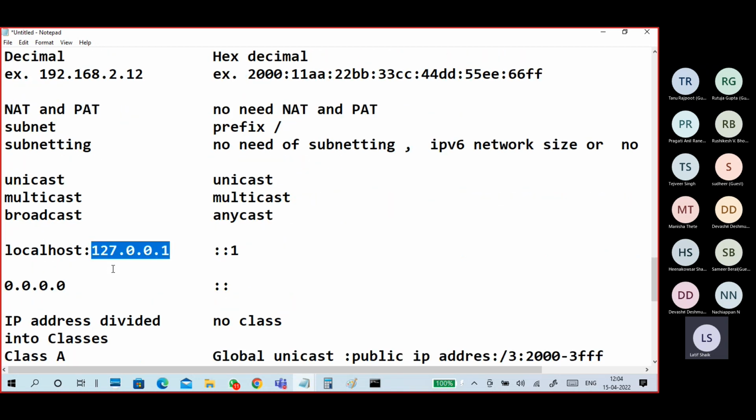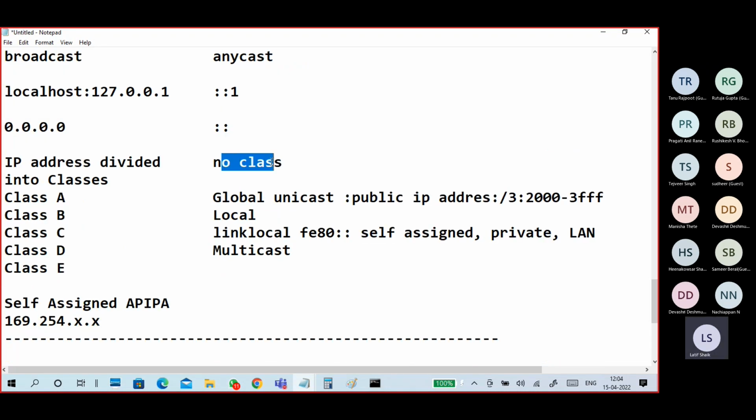In IPv4, the localhost address is 127.0.0.1. In IPv6, localhost is ::1, my PC. We don't have classes like class A, class B, class C in IPv6. We have global unicast, link local, local unicast, multicast and anycast IP addresses directly.